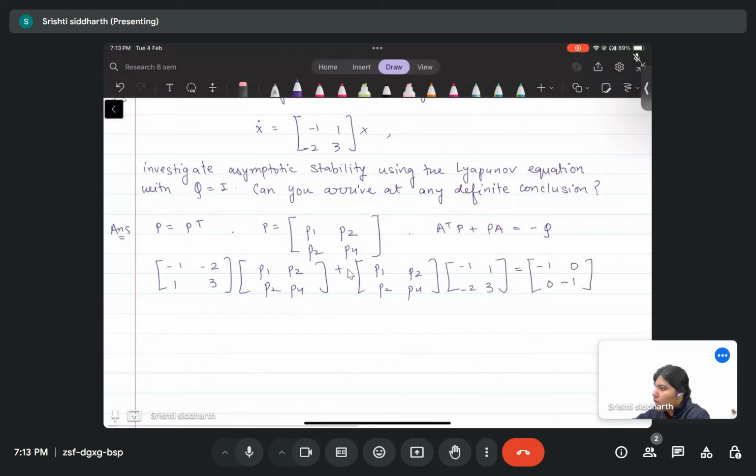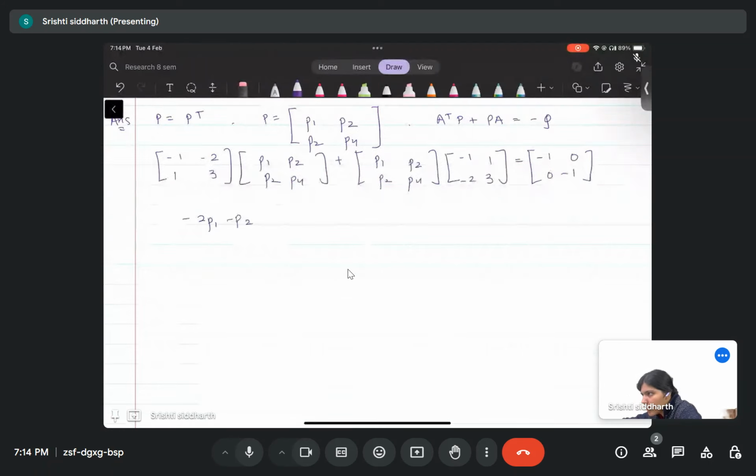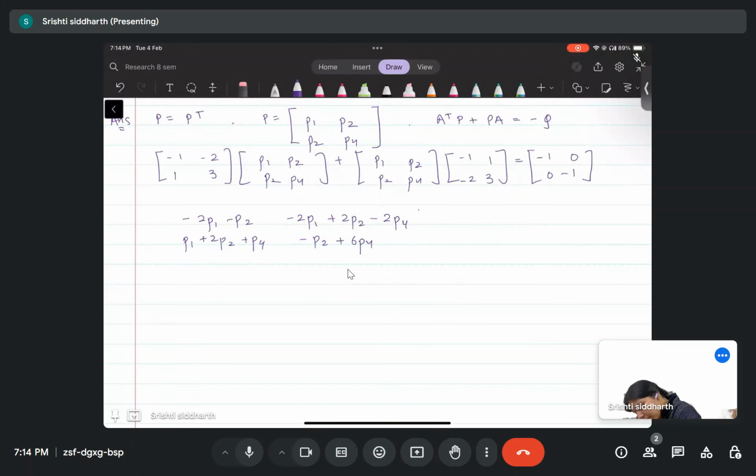So now again we have equations. Minus 2p1 minus p2, and this one is minus p2 plus 6p4. This is minus identity. Alright, so let's see.